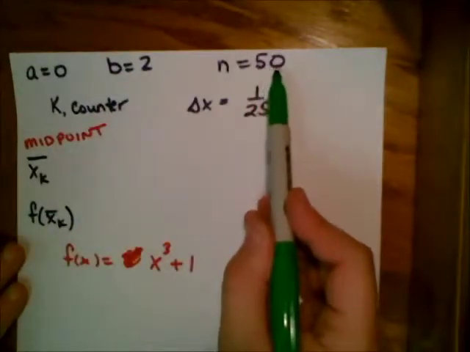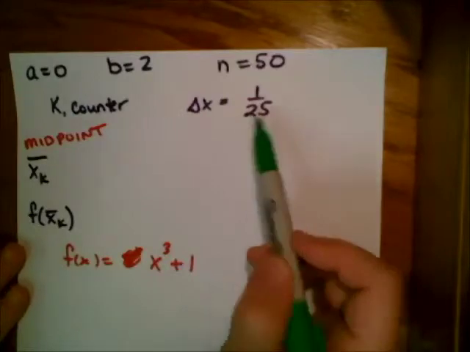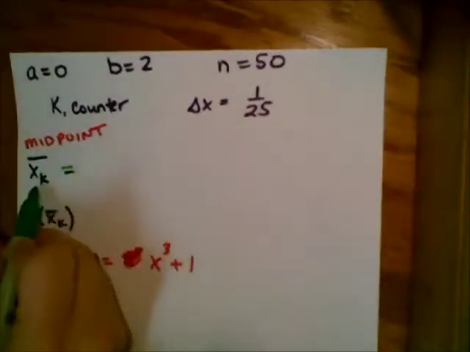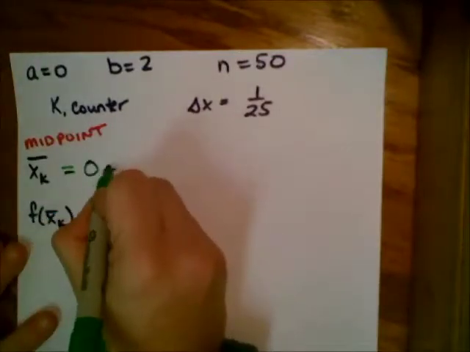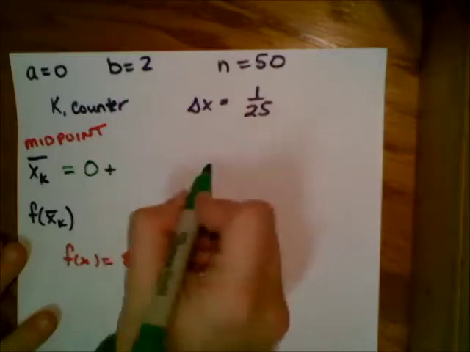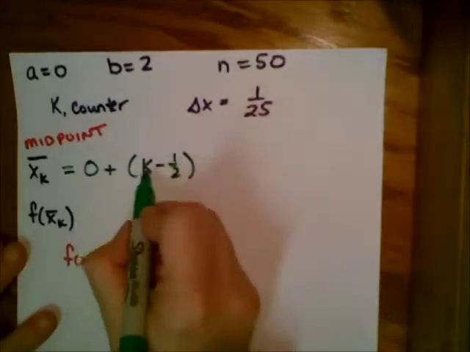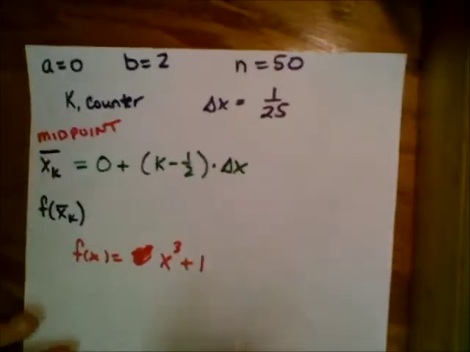We're going to use 50 subintervals, and delta x hasn't changed. What changes in each different formulation is how we choose x bar. We always start with a, and we're going to add copies of delta x, but this time we're going to use the difference k minus 1/2 times delta x so that we pick up the midpoint of each subinterval.